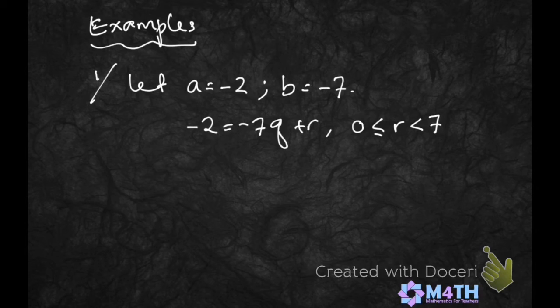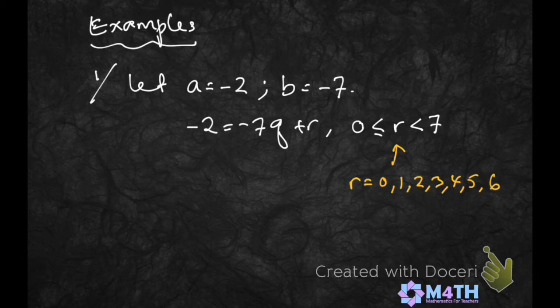The possible values of r are 0, 1, 2, 3, 4, 5 or 6, and you can check them one by one to get a unique value of q and r.